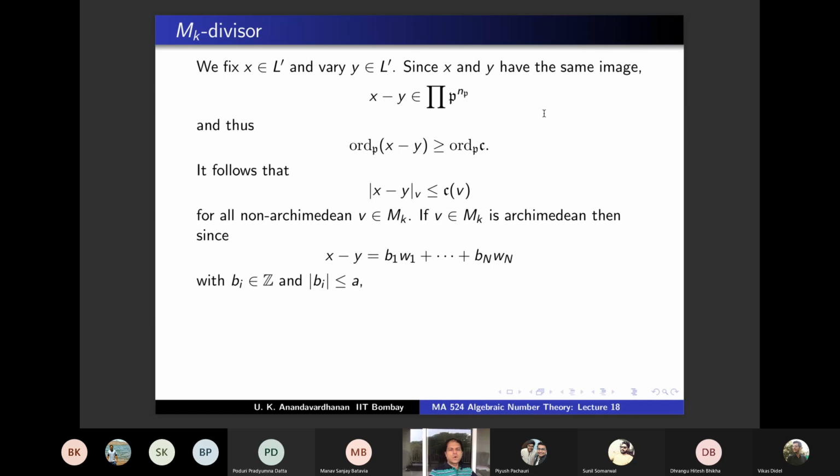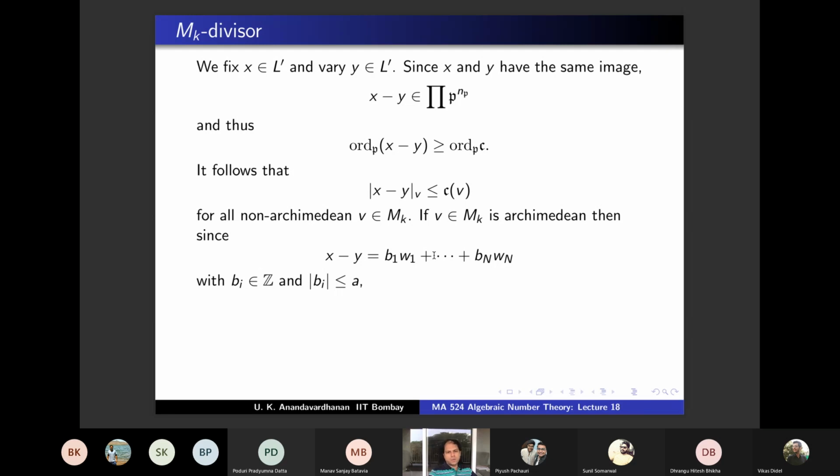Therefore, what can you say about mod X minus Y with respect to V, V Archimedean? That is less than or equal to the modulus of this, which by triangle inequality is less than or equal to modulus B1 modulus W1 plus modulus B2 modulus W2 plus etc. But modulus Bi is less than or equal to modulus A for all the i's.